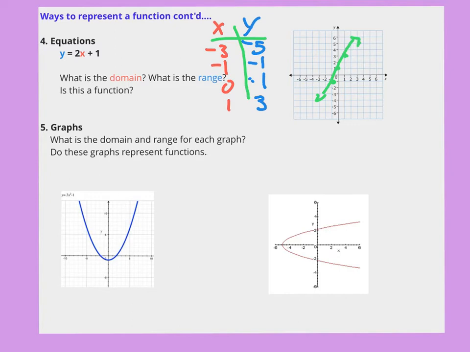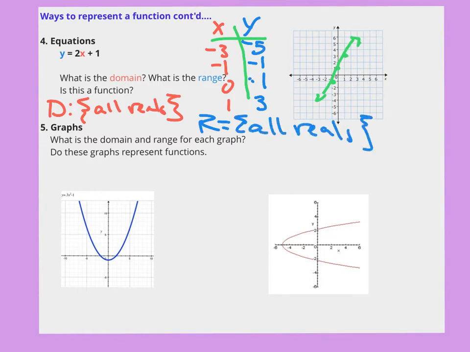When we talk about domain, we want to look at all the values that we could possibly enter. I can enter in negatives, I can enter in 0, I can enter in positives. So when it seems like we can enter in any number, we're going to say all reals is our domain. And then our range, because our y's are coming out negatives and positives, we would say that our range is all reals as well.